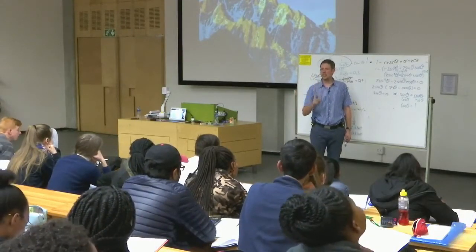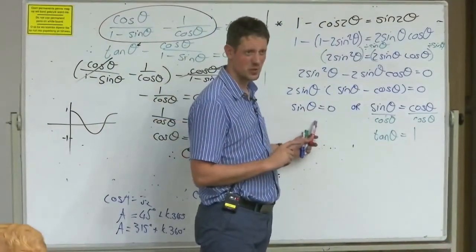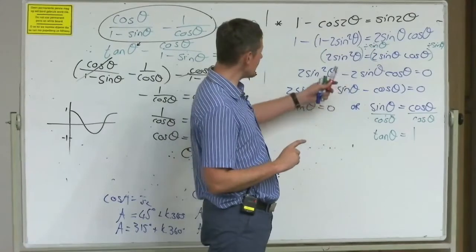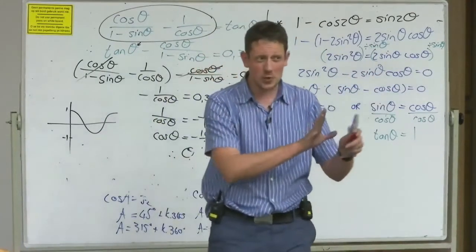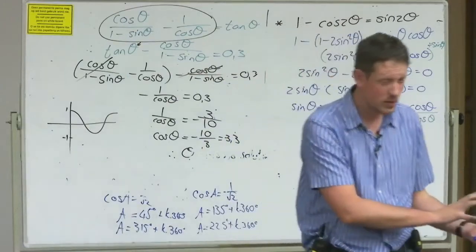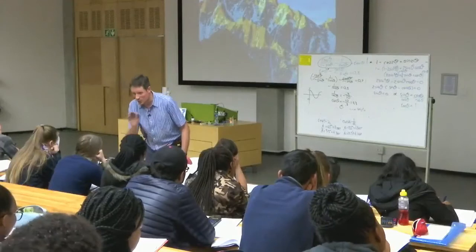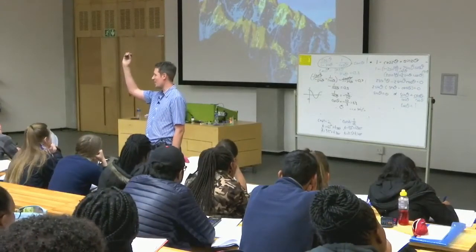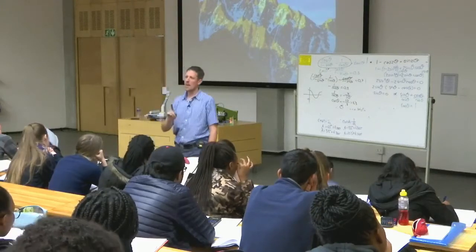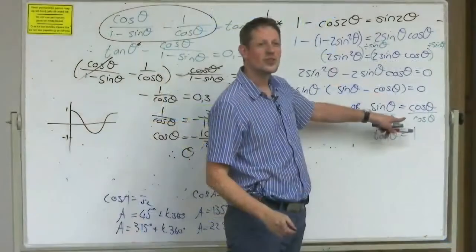Sine theta equal to 0 is a possible solution. If I make sine theta 0 on both sides, my left is equal to my right. So in other words, if I divide by sine theta, I could actually be dividing by 0. Am I allowed to divide by 0?